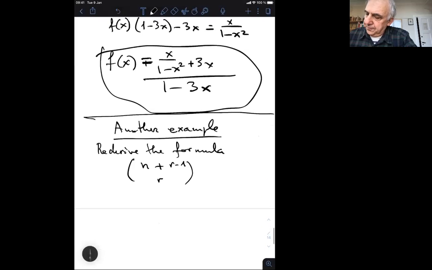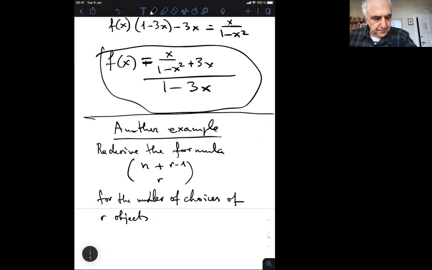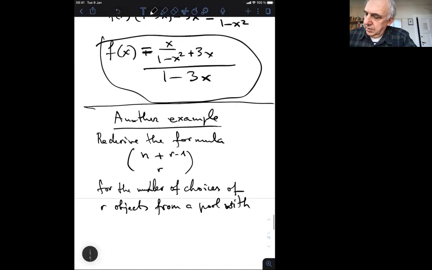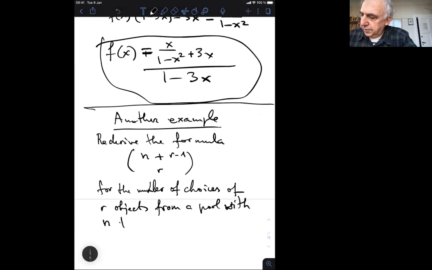for the number of choices of r objects from a pool with n types of objects with repetitions.